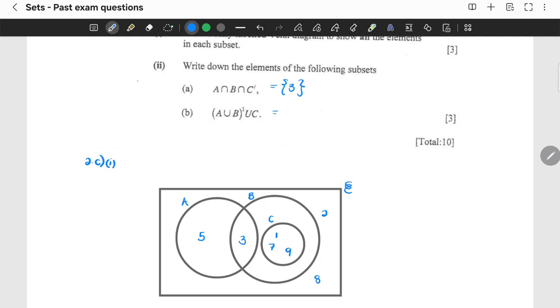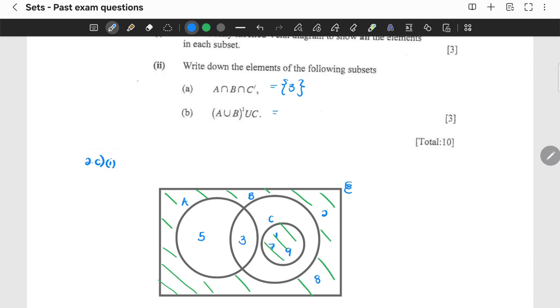Then the next question says A union B complement union C. So A union B is everything in A and B. Complement, right? So that's everything outside of A and B. In green, that's that region. Union C. So it says including what's in C. So that will be that as well.